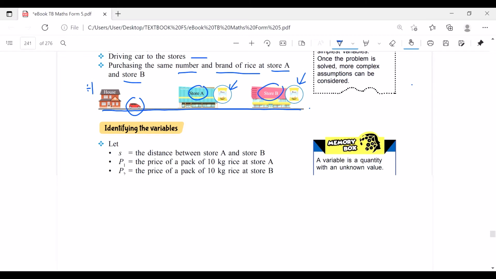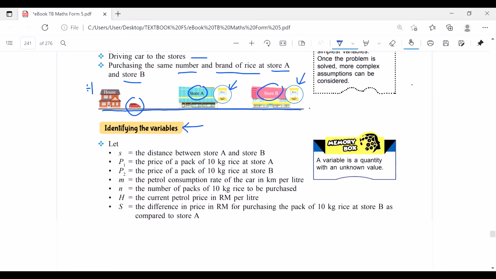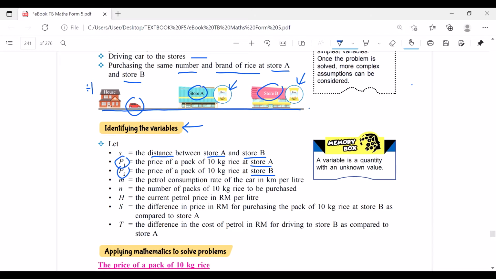What are the variables? This is very important. First, variables are the things that change. So what will change is, of course, the distance between store A and store B. Then the price at store A and store B will be different, P1, P2. The petrol consumption rate of the car in kilometers per liter also will change.